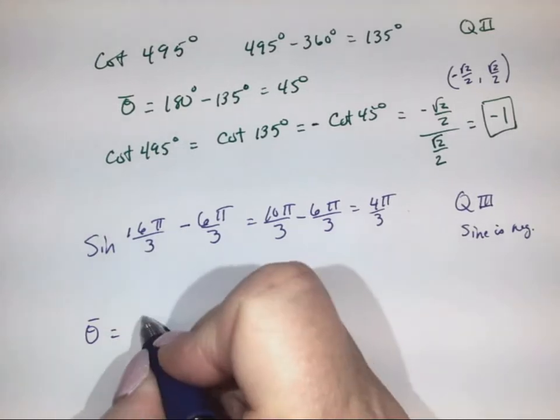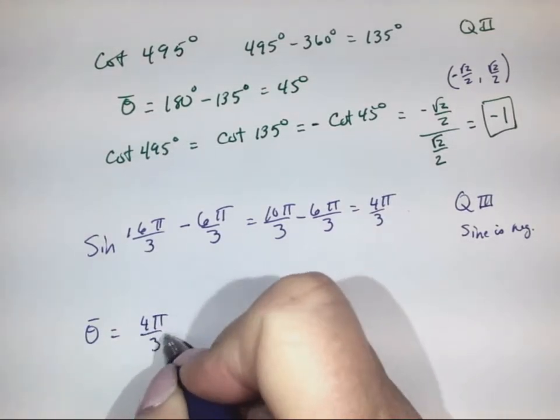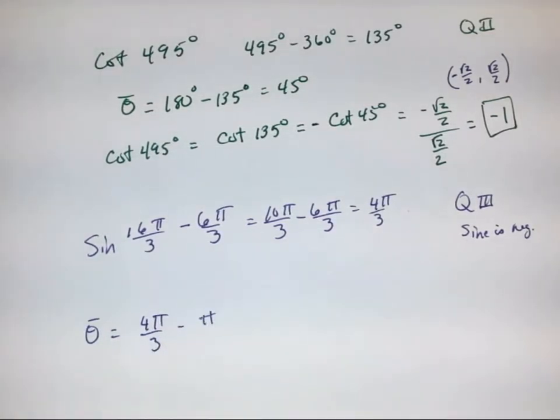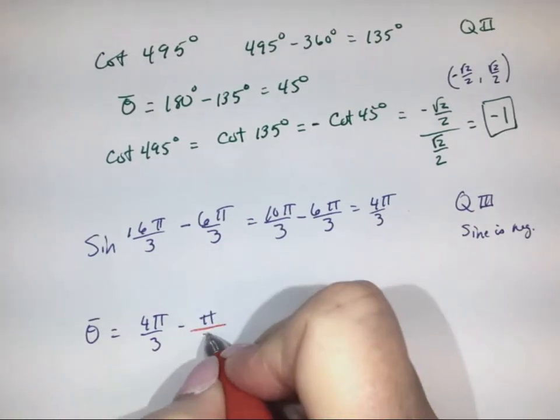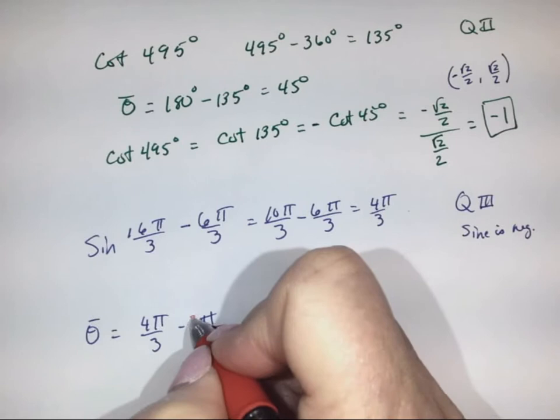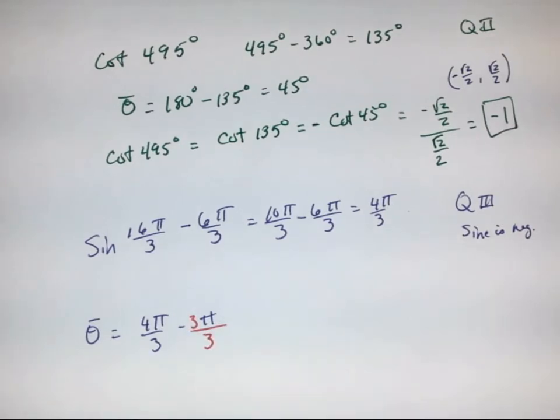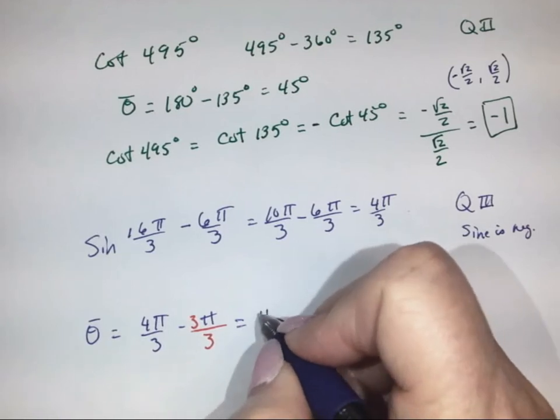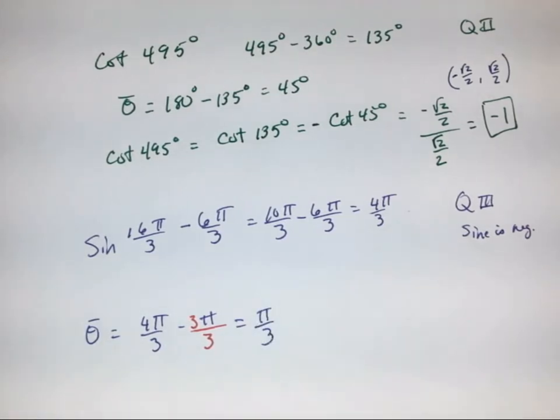So we need to take our 4 pi over 3, and we need to take out pi. But again, we need to have a common denominator of 3. So 3 pi over 3 is the same thing as pi. And that'll leave us with pi over 3.